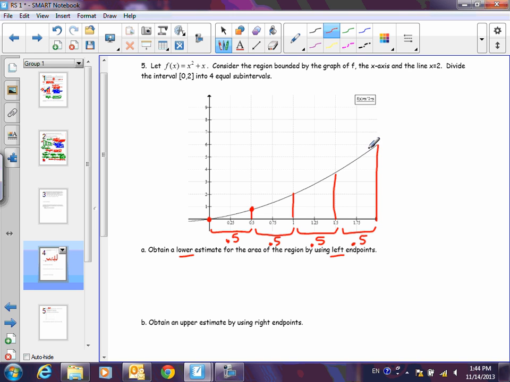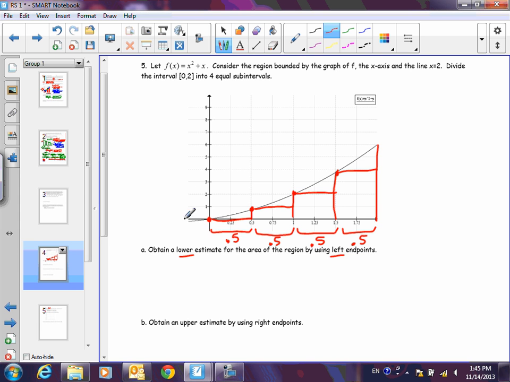It is increasing. Therefore, the left point is always going to be lower or smaller than the right point. And so when we're doing these rectangles, again, we're not going to do trapezoids on this one. When we're doing the rectangles, we pick the left point to determine the height of the rectangle, and I can see clearly that this is an underestimation.